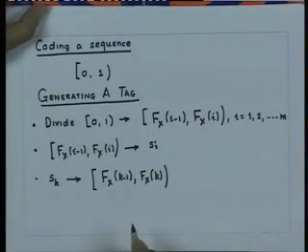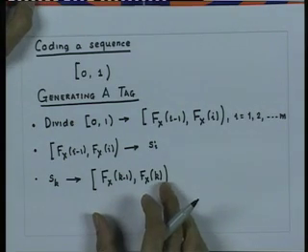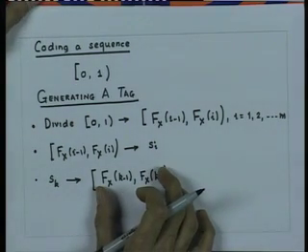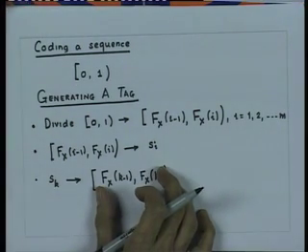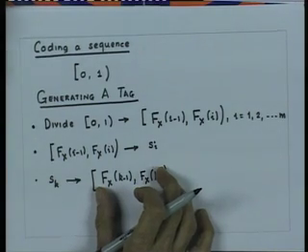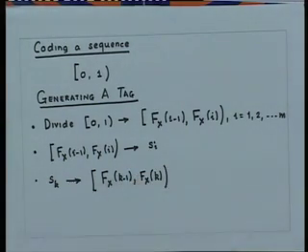Suppose the first symbol was Sk, then the interval containing the tag will be the sub-interval as given here. Now, this sub-interval is partitioned in exactly the same proportions as the original interval.